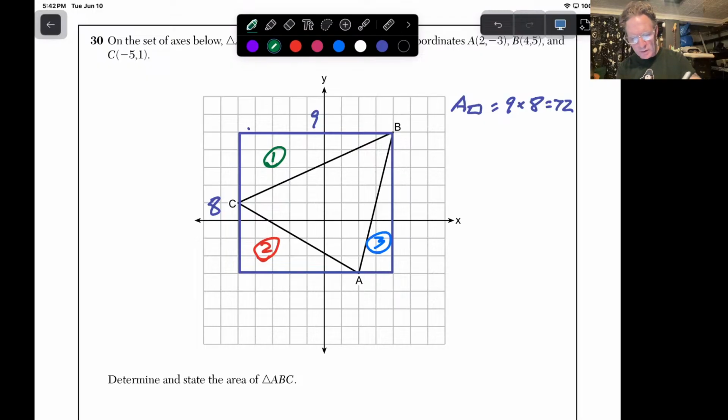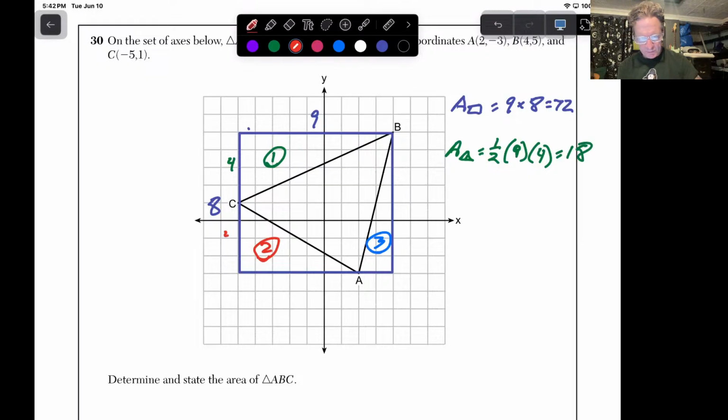So the area of triangle 1 is 1/2 base times height. The base in this case would be 9, and the height would be 1, 2, 3, 4. Nine times 4, which is 36, divided by 2, 18.